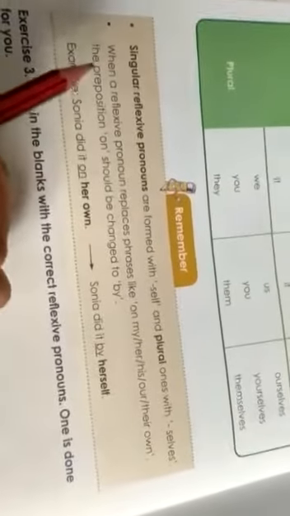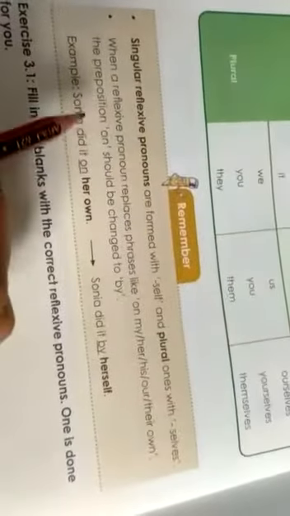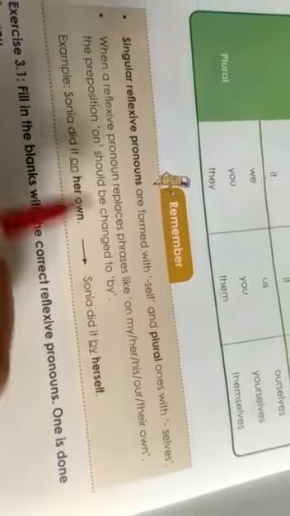Children, one more thing that you should remember is when a reflexive pronoun replaces phrases like on my, his, her, his, our, their own, the preposition on should be changed to by. You should write it like this: Sonia did it on her own.